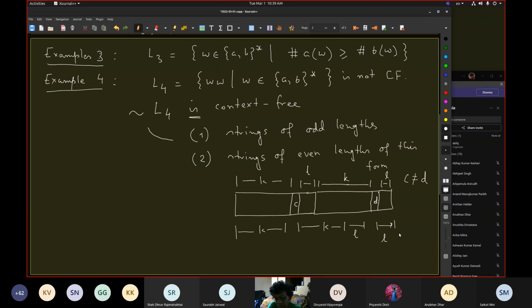Sir, how will it remember C? C is a finite amount of information. It can remember in a state. If it reads A, it will go to one state and then proceed as I mentioned. If it is B, it will go to another state and proceed identically.